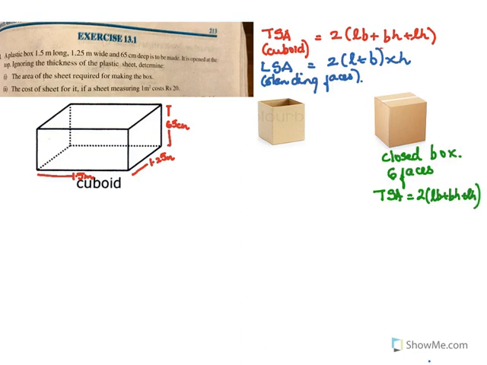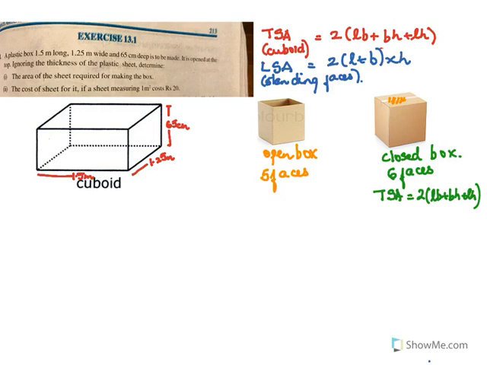because it has got 6 surfaces. Now here we have a box, but which is an open box. This top surface is missing. So how many faces will this box have? It will have 5 faces.